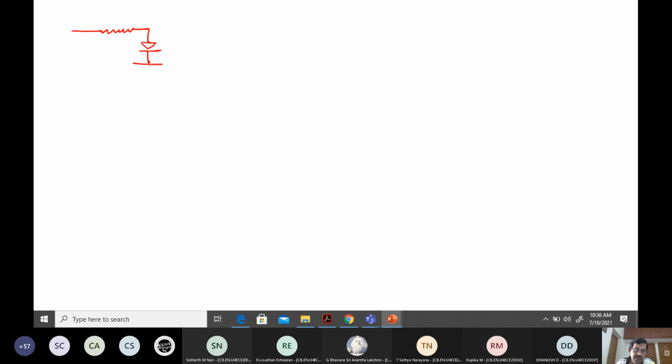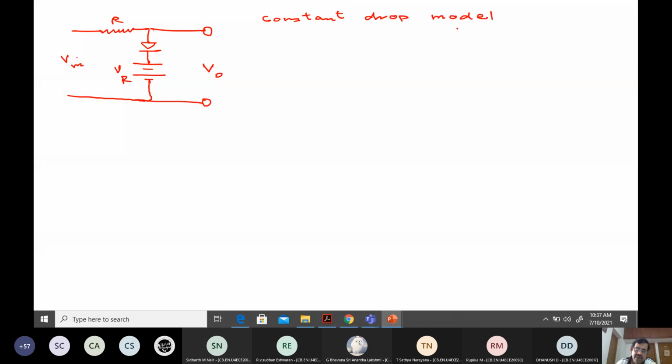This is my Vin, this is my resistor, and this is my output. Now this is my VR, V reference. For the diode, we are assuming the constant drop model. In the constant drop model, in the case of silicon it is 0.7 volt, and for germanium it is 0.3.